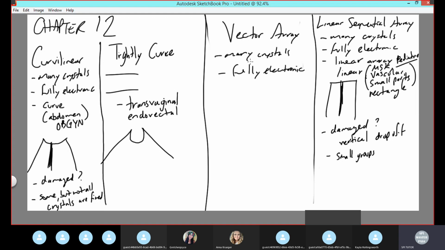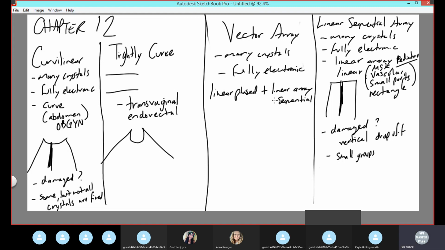So what is it that they want you to know about this? They want you to know the image shape and where that image shape comes from. Okay, so let's start off with where it comes from. It comes from your linear phased array plus your linear sequential.